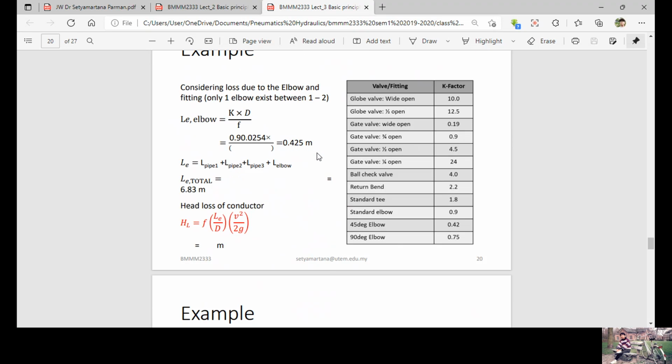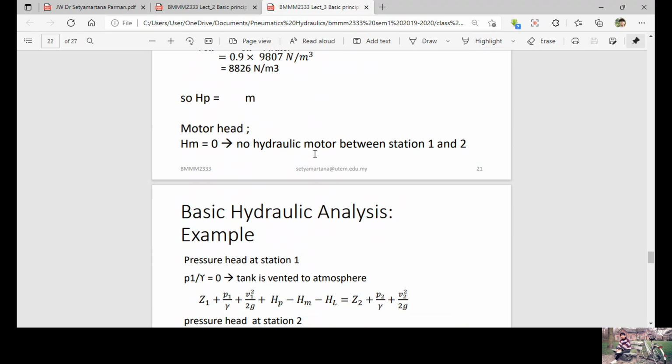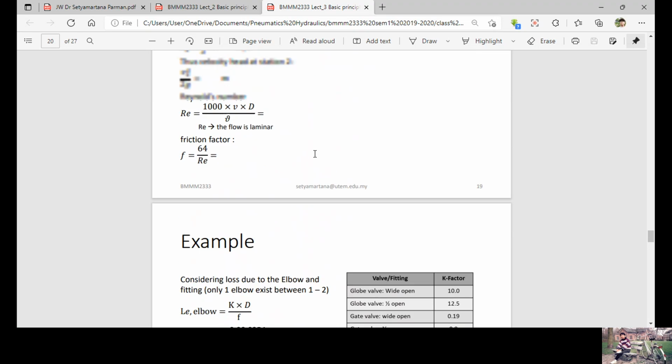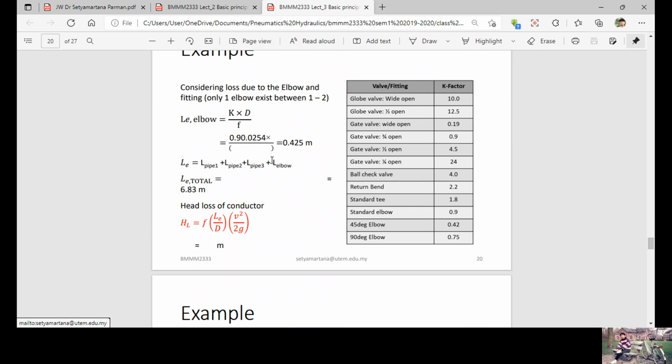So it means pipe 1 plus pipe 2 plus pipe 3 plus the equivalent length. Then you can calculate. We will find that the equivalent total length of pipe is equal to 6.83.